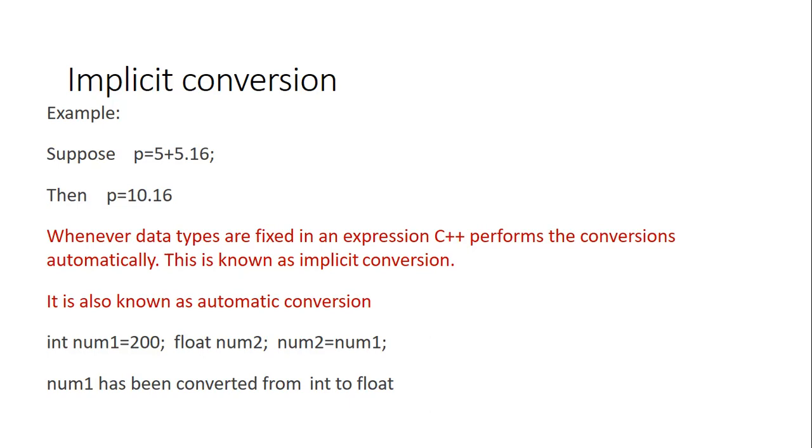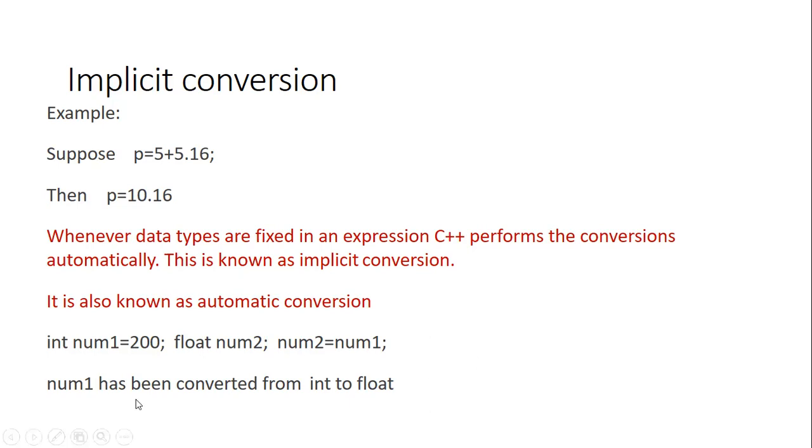Generally, it takes place when more than one type is present in an expression. In such a condition, type conversion takes place to avoid loss of data. All types of variables are upgraded to the data type of the variable with the largest data type.